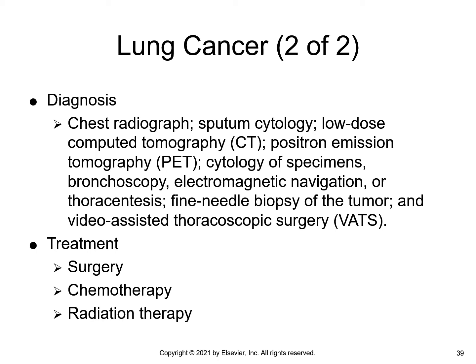Lobectomy is the most common procedure for small cell lung cancer. Small cell tumors respond drastically to chemotherapy and radiation, but if the disease is extensive, the malignancy tends to recur because of metastasis that occurred before the diagnosis.